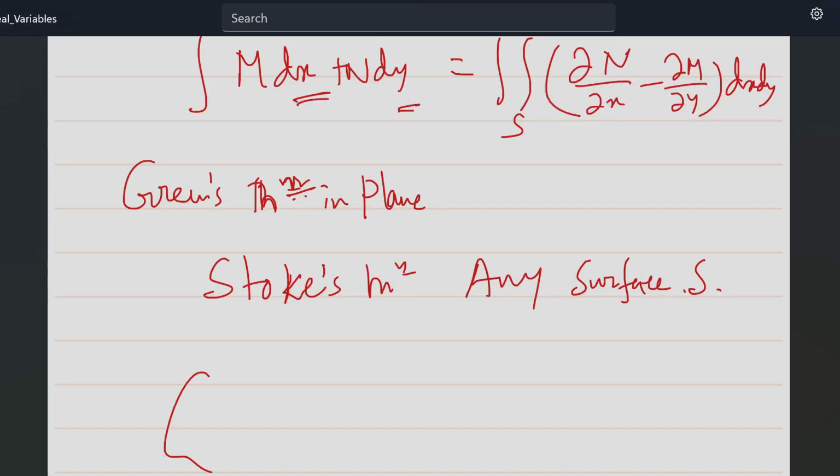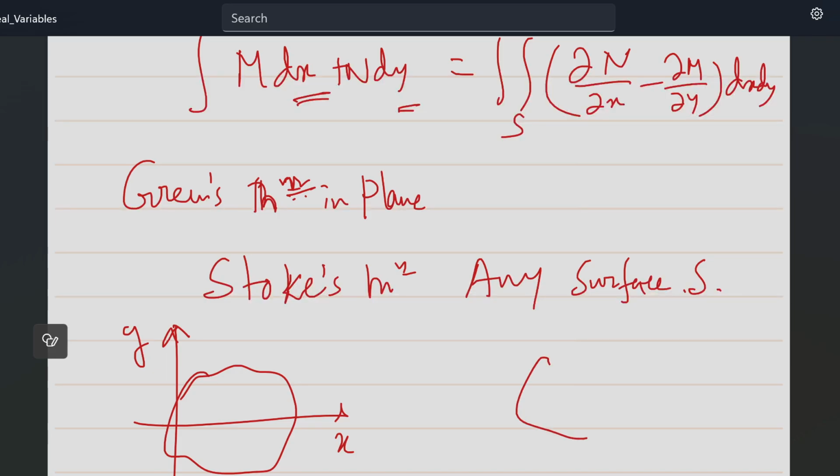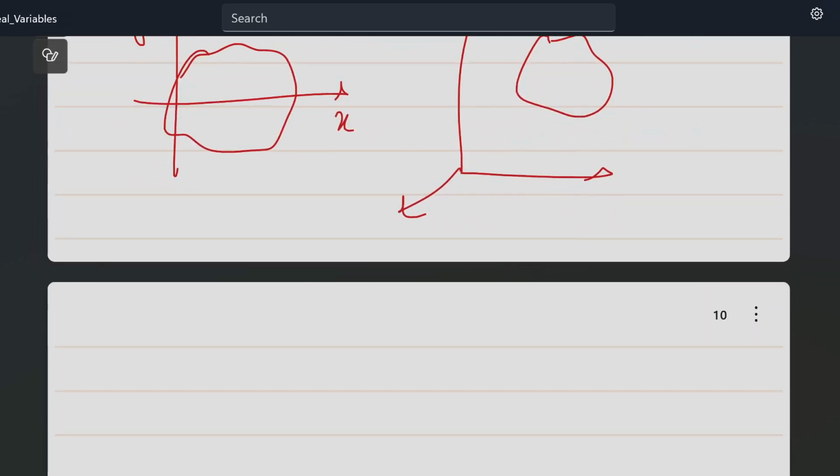Green's theorem is in a plane, that is either the xy plane, yz plane, or xz plane. But Stokes theorem means any surface in 3 dimensions. So how do they relate? I will tell you. I am writing curl F in the Stokes theorem.